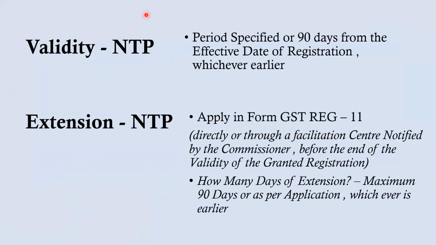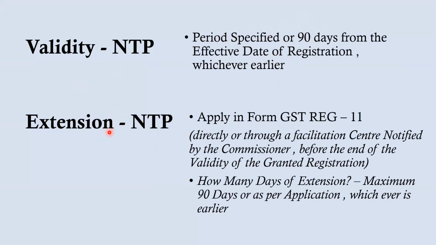Now, considering the validity for the non-resident taxable person. So, the period for which he has applied for the registration, or a maximum of 90 days from the effective date of registration, whichever is earlier, will be considered to be valid. What if the non-resident taxable person wants to stay and continue the business? That means there is an extension.